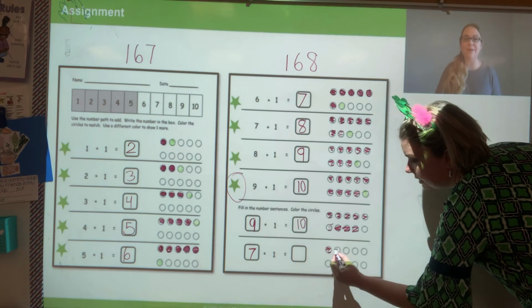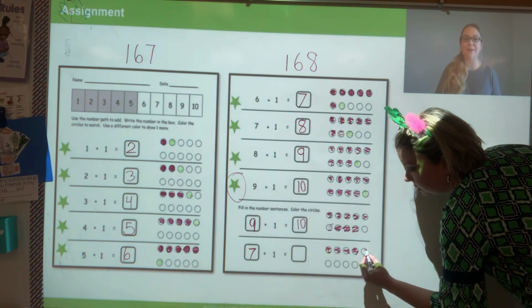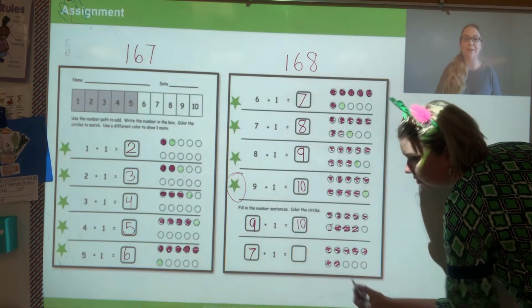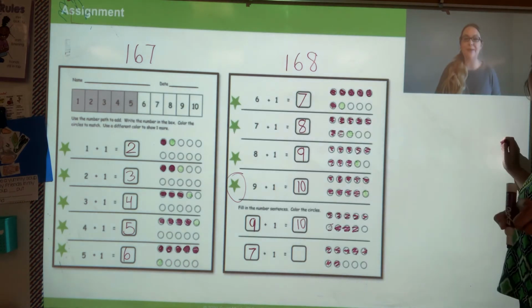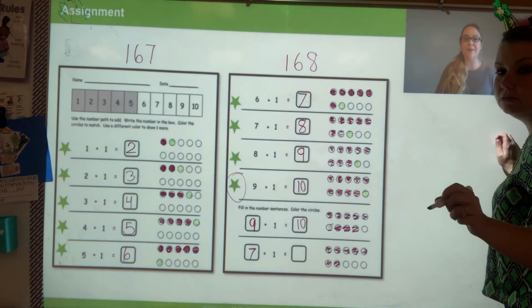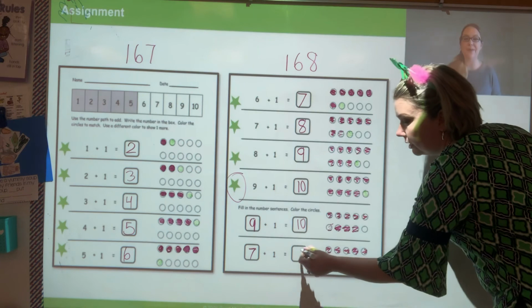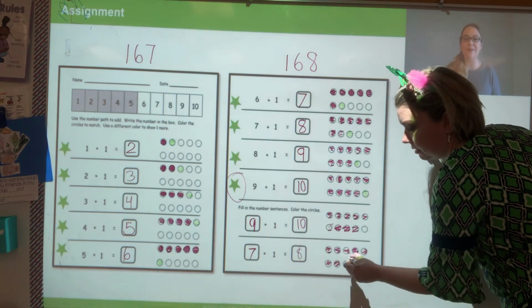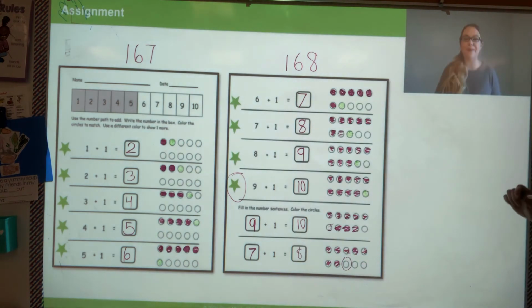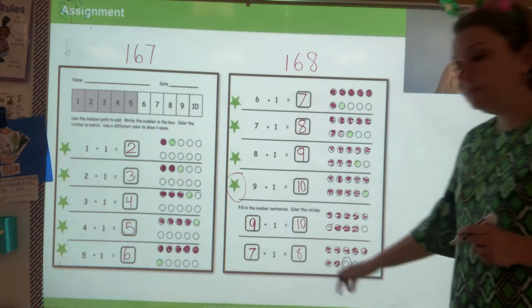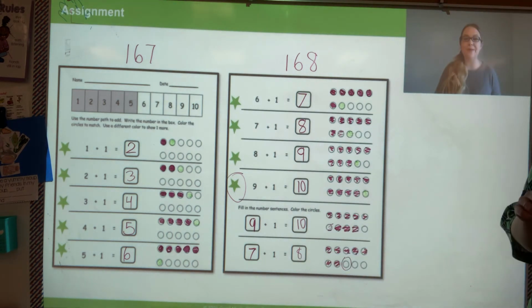You could color in 7 circles. Miss Kate? Nope. Keep your microphone muted. Yeah, because you're just adding 1. That's all you're doing. Okay.